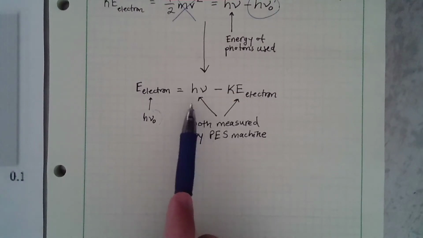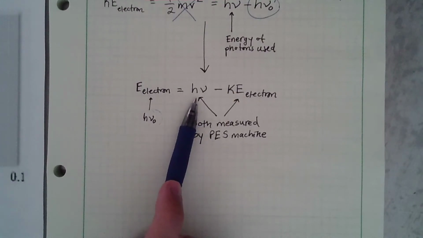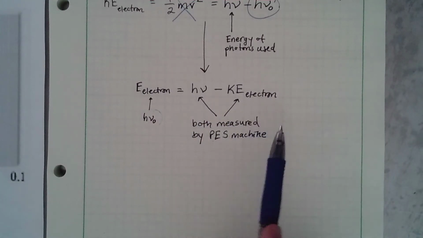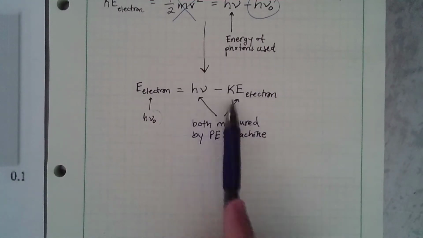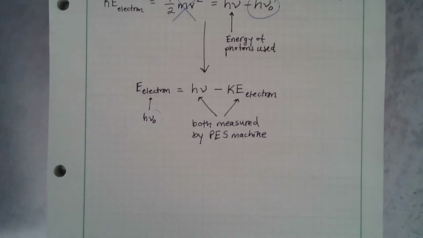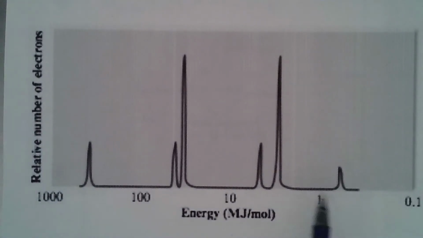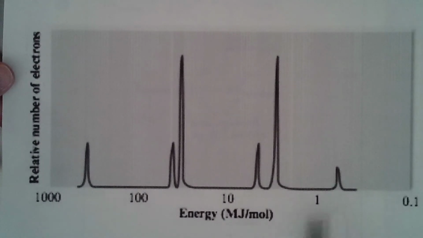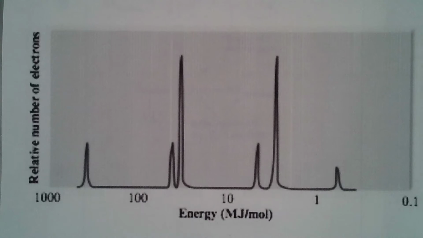They're taking the energy of the photons being shot minus the kinetic energy of the electron, which they're detecting, and they just spit out this value. That's how that device comes up with the values for where these different peaks are.